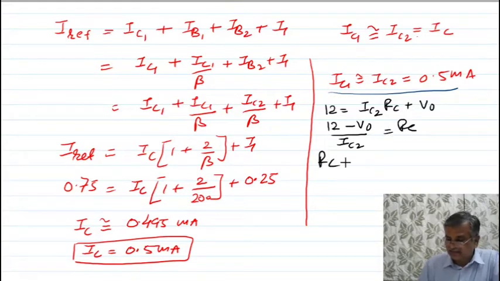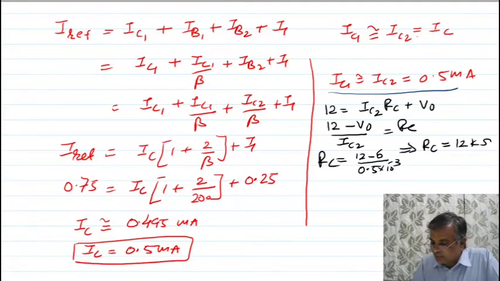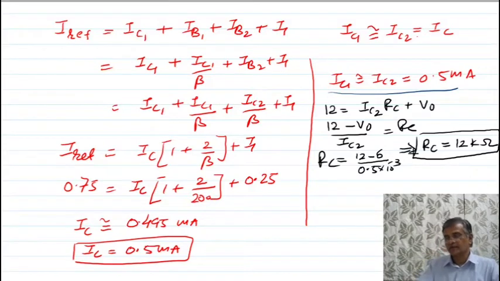So RC is 12 minus 6 volt upon 0.5 milliampere. From this you can find the RC is 12 kilo ohm. This is the second numerical.